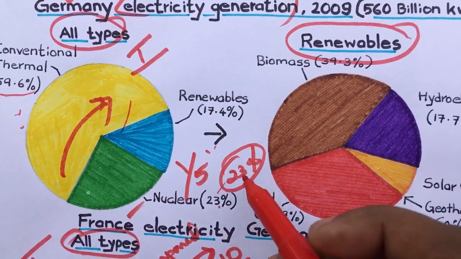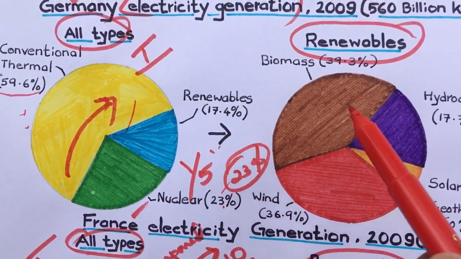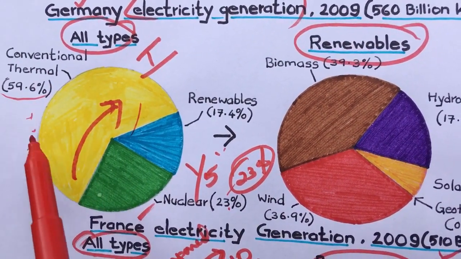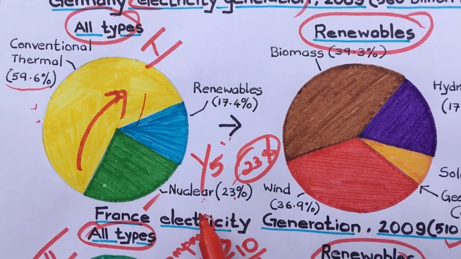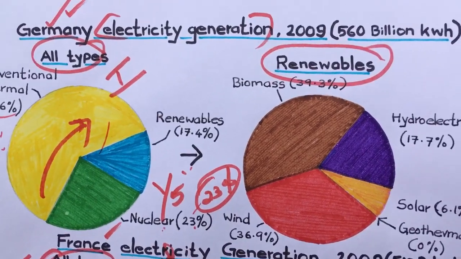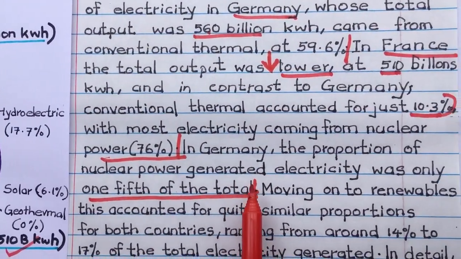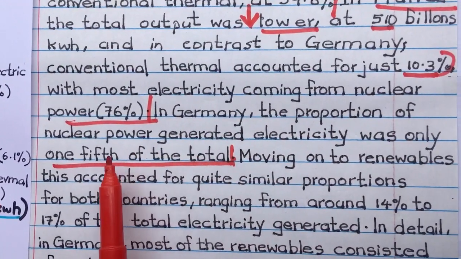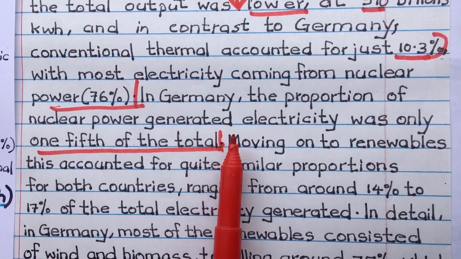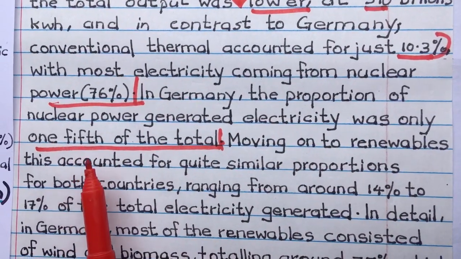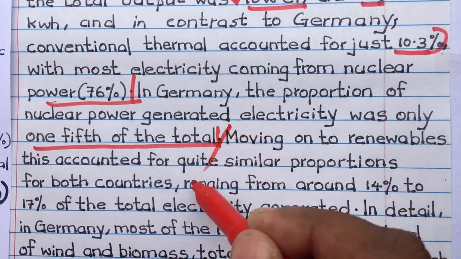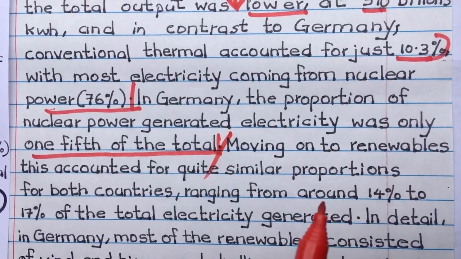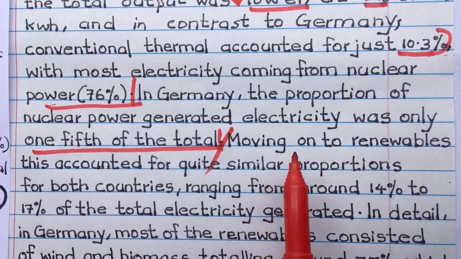Got it? Because if you divide by 20 and it's more than that, 23% counts as only 1/5. So the nuclear energy is only about 1/5. So that's literally the sentence. In Germany, the proportion of nuclear power generated electricity was only 1/5 of the total. You got it? This is the aspect. So let's move to another part.